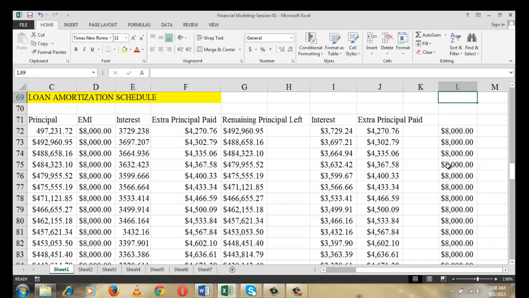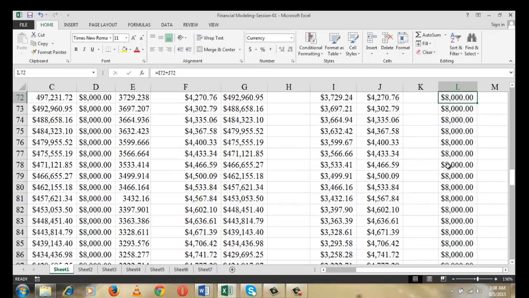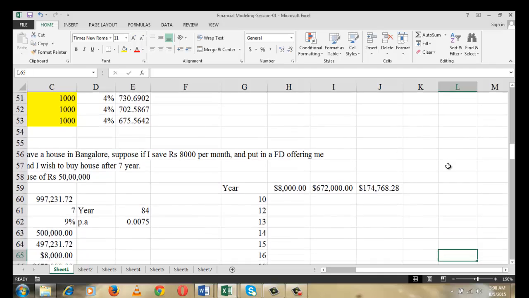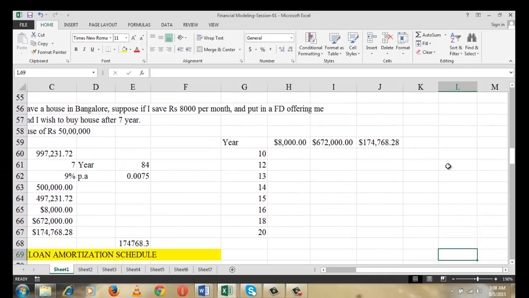Fine, very simple concept. You can use this and see the practical implication of it. In Excel, we can use a data table. By using a data table, we can analyze the situation where I pay 8,000 rupees as EMI, the total I'm paying to the bank is 6,72,000 rupees, and my total interest is 1,76,000.